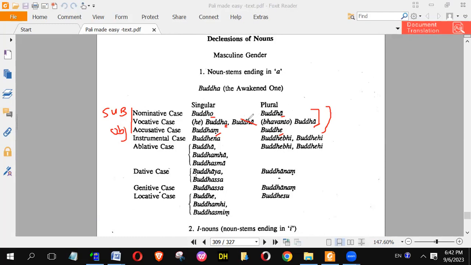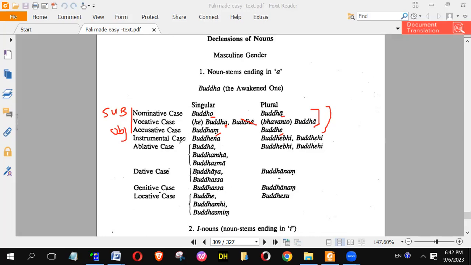Buddho, Buddha, Buddham, Buddhe. So you know the difference between these three: one is subject, one is addressing, one is object. We will go through it later and come back.